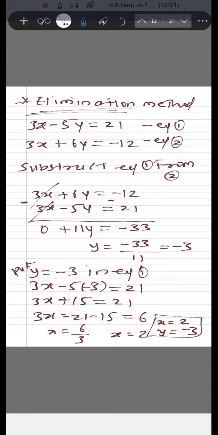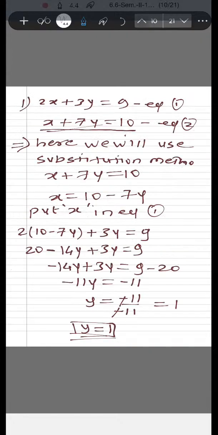We have discussed two methods. The very first is the substitution method. In that, we convert any one equation and put it in the other. Whichever variable you have found first, you put that variable in any equation.